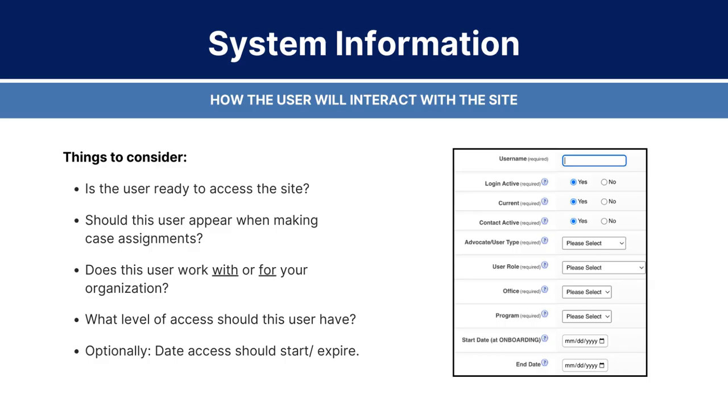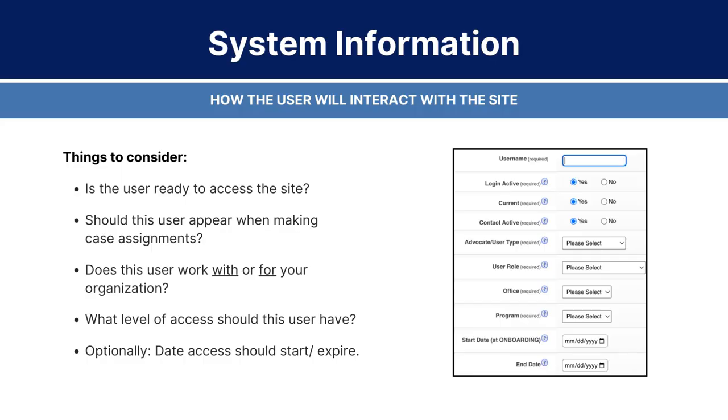At some point, you have the ability to recognize who the primary assignment should be. You can also add assignments from the case profile once a case has been accepted. The individuals that appear in that list for options to assign the case to all have the current equals yes option selected on the user side within their system information.